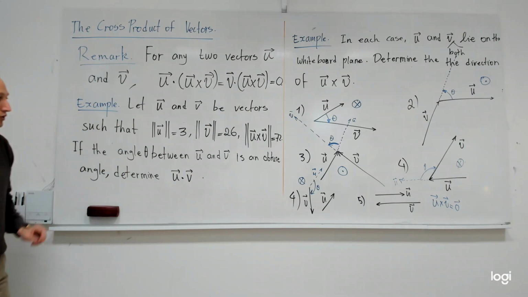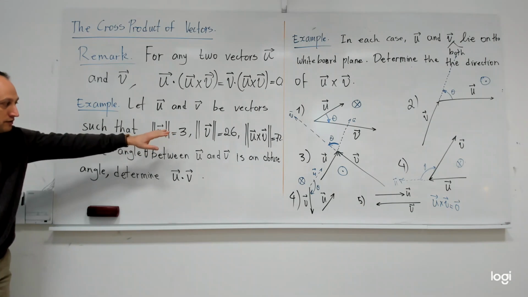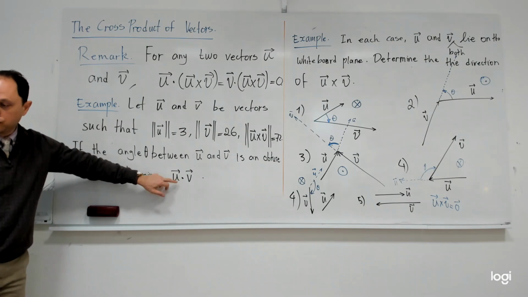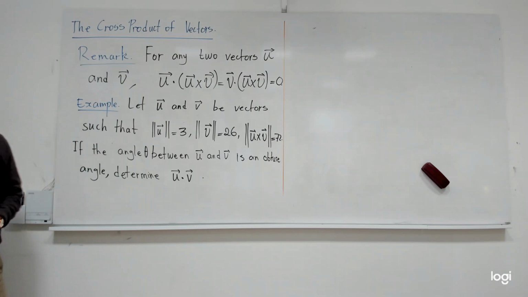So you really don't need the exact value for theta. You need to know some information about theta using these pieces of information, but you should be able to find u dot v exactly. Okay. I think it is possible now, yes? Sorry for that mistake.